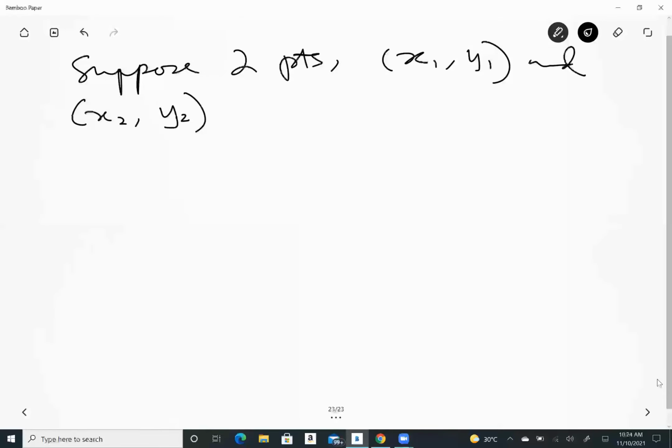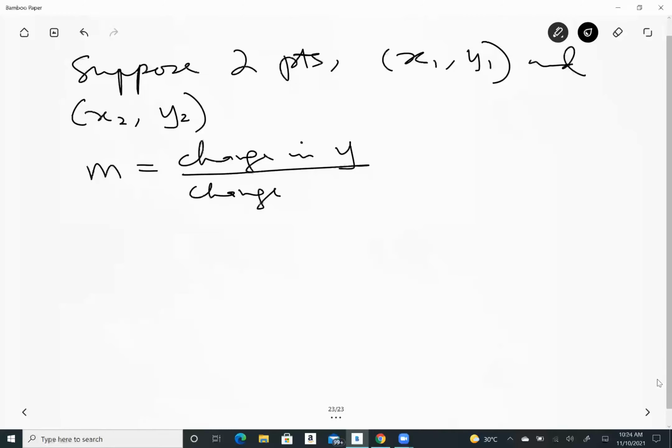That means the COVID cases yesterday and the cases the day before. So you have 2 points. Then the slope will be equal to the change in y divided by the change in x. Now the change we write as the triangle, delta y over delta x.